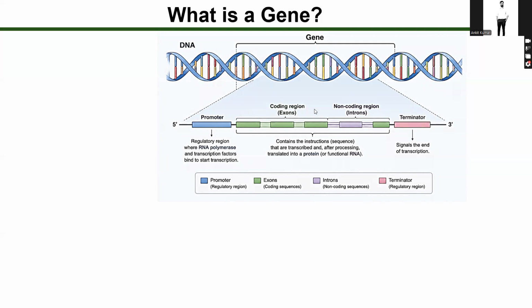So if we see, this is the gene, and this promoter is located at the beginning of the gene, and it acts like a docking site for the molecular machinery that starts transcription. We'll also see that from here RNA polymerase will come and start the transcription, right?